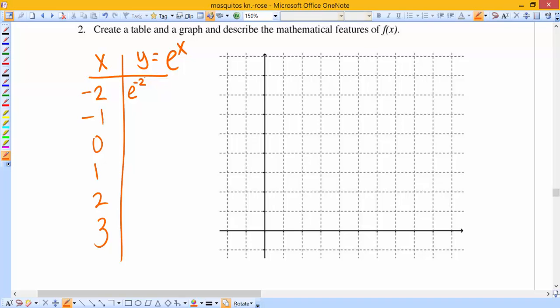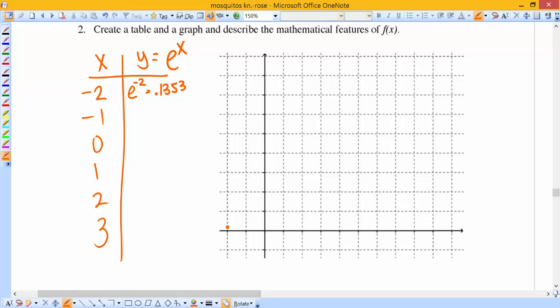I hit the second button so I can get the e, and then I'm going to put -2. And this gives me 0.1353 and a bunch of other things. So at -2, I'm barely above the x-axis. And then continue to go ahead and work through the rest of these and make your table.